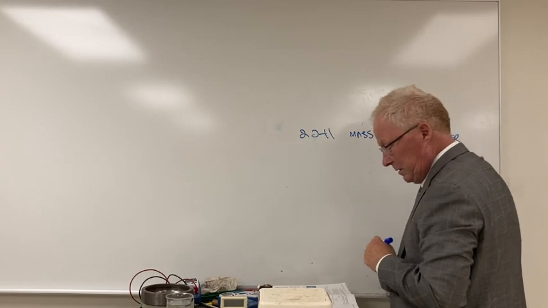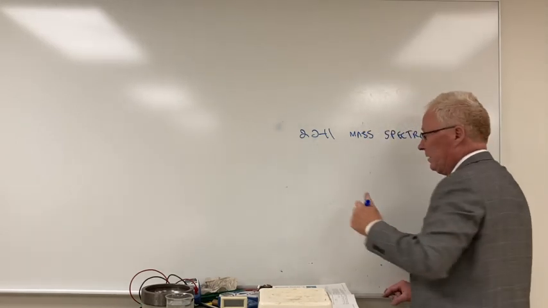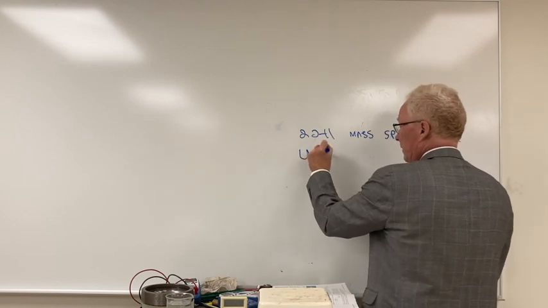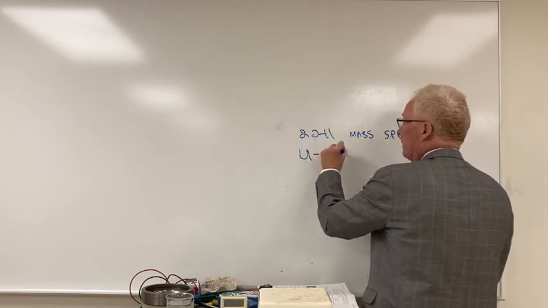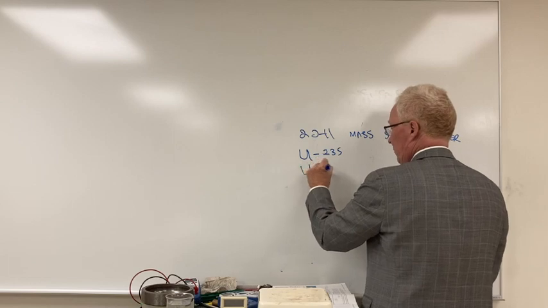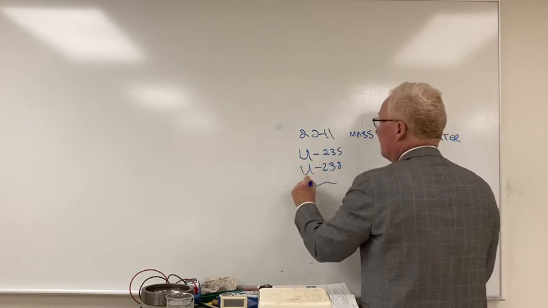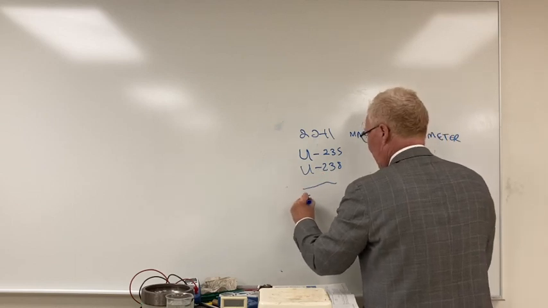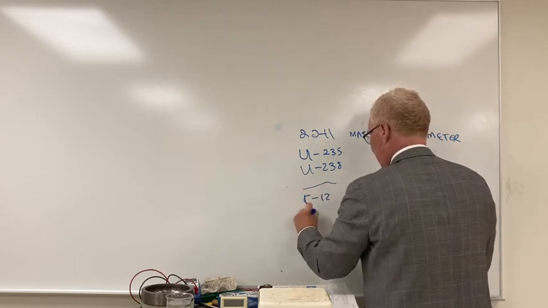What this is about are a couple things. For example, when you get into chemistry, there's uranium-235 and uranium-238. Then when we get into nuclei, we have carbon-12 and carbon-14.